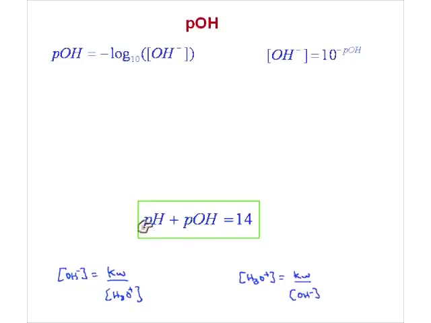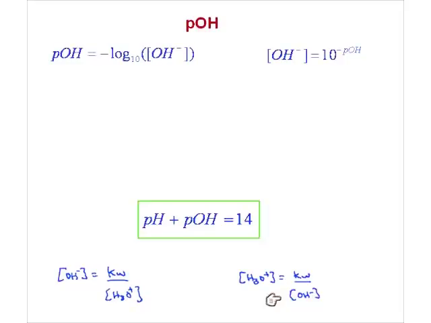So if I know the pH, then I could easily get pOH by simply adding them together, and it equals 14. Don't forget these calculations here, the Kw for water. If I wanted to calculate OH minus, it's going to be Kw over H3O plus. And likewise, if I want to find H3O plus, I can find Kw over OH minus.